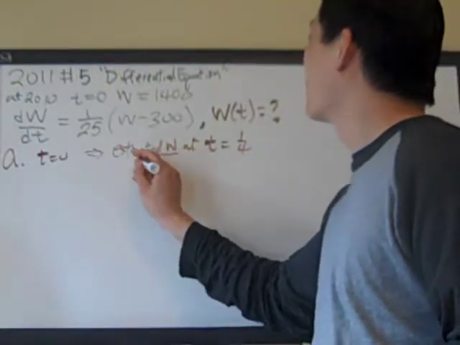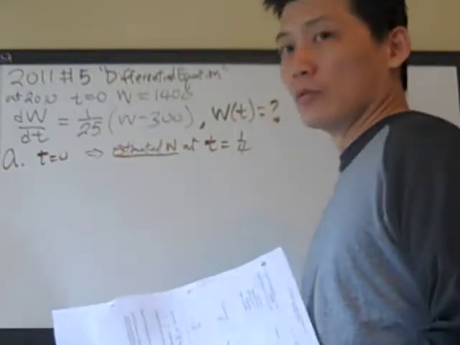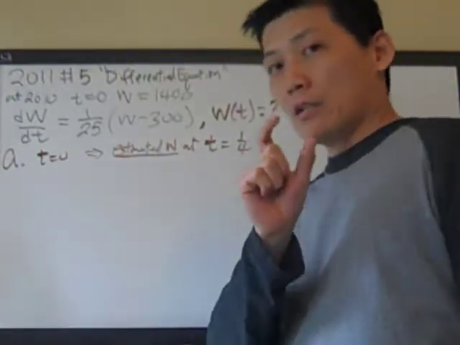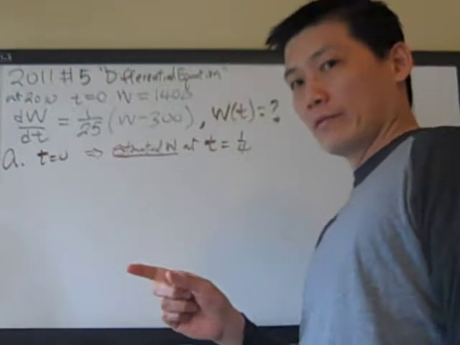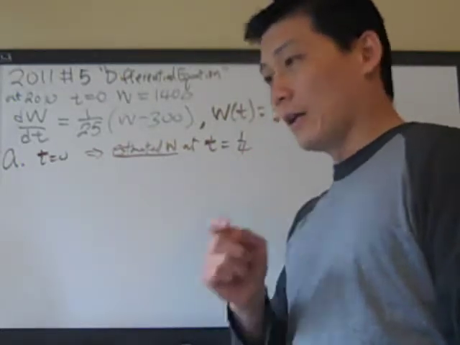You see, this is what we're looking for: an estimated W at t equal to 1/4, and it's asking for a line tangent to the graph. Now, first of all, we want that line. But how do we find that line?